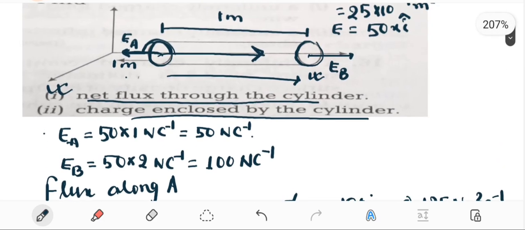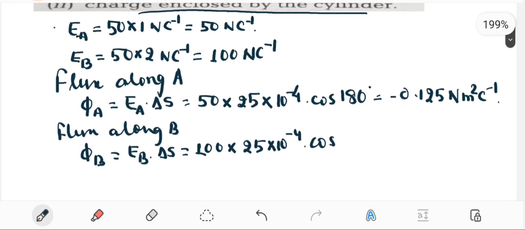Now here, since the electric field is in this direction and the area vector along this face B is also in this direction, therefore the angle here becomes 0 degrees. So we write cos 0 degrees, and here we get it equal to 0.25 Newton meter square per Coulomb.